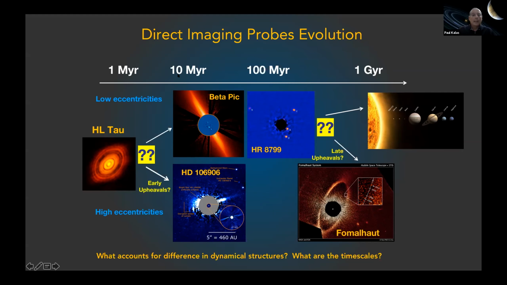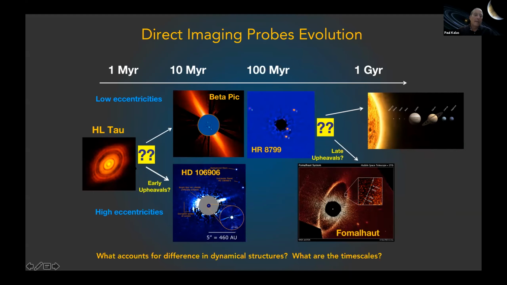And then in the 10 to 100 million year age range, we can see different evolutionary pathways, which I generally split into low eccentricity pathways here on the top and high eccentricities here on the bottom. The question is, what determines which pathway a planetary system will take?